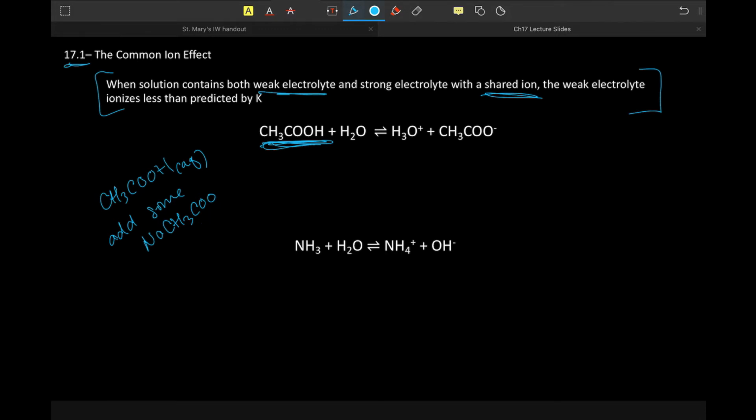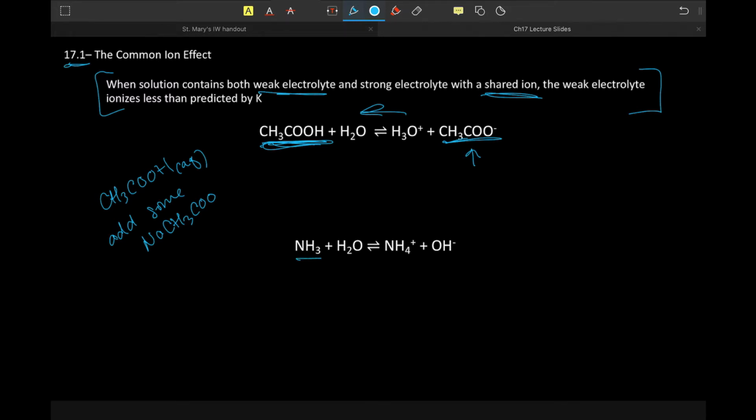That increases the amount of acetate ion, and Le Chatelier says the system at equilibrium will shift in that direction, meaning less of the acetic acid will dissociate than is predicted by its Ka value.